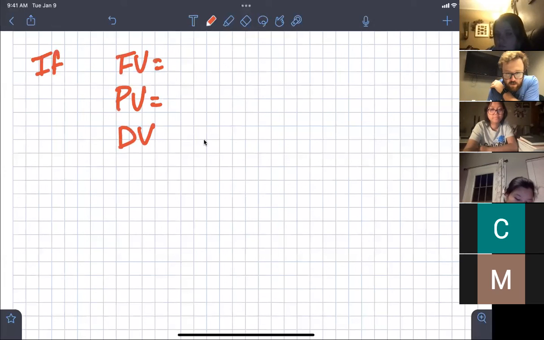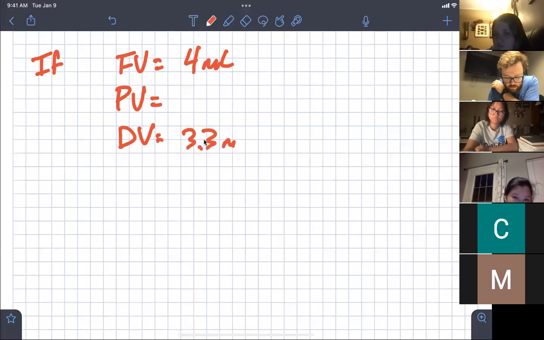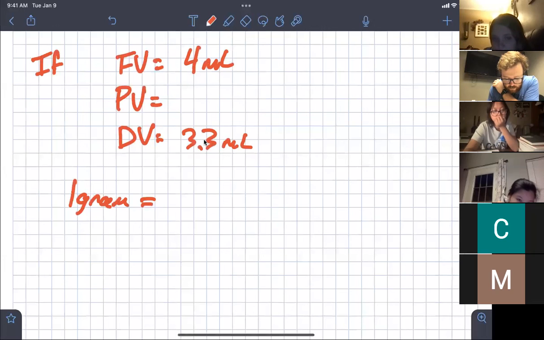Do I have FV? Yes, I do actually, 4 mils. Do I have DV? 3.3, right? So now I can solve for PV, but I don't really need that. For the 100 milligram dose, my entire vial is 1 gram, and I need a 100 milligram dose.